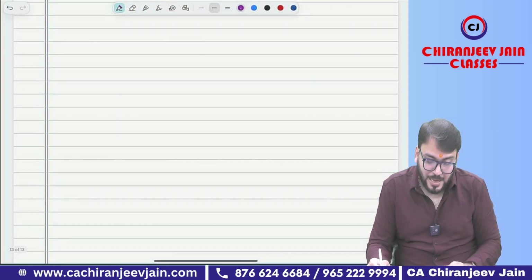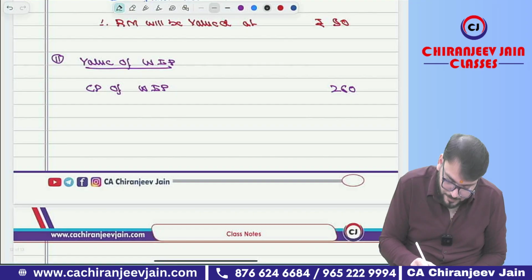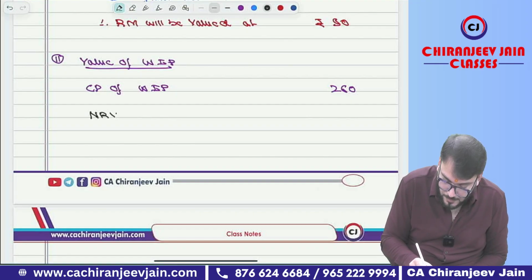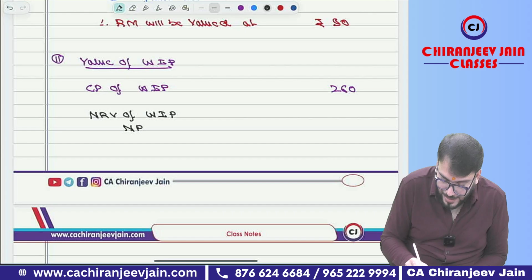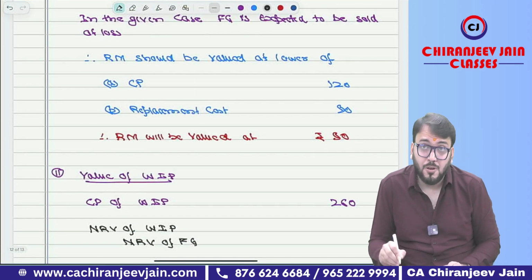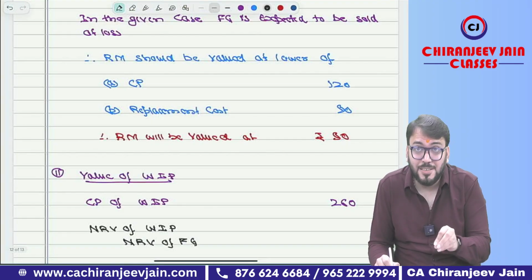Now I'll find out the NRV of WIP. What is the NRV of finished goods which will be produced from the given WIP?